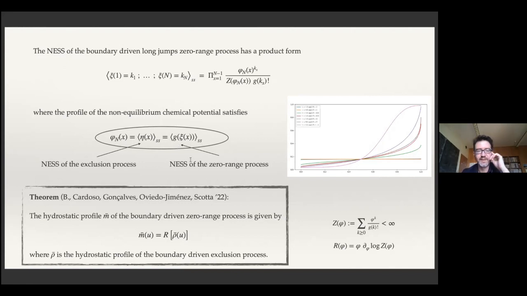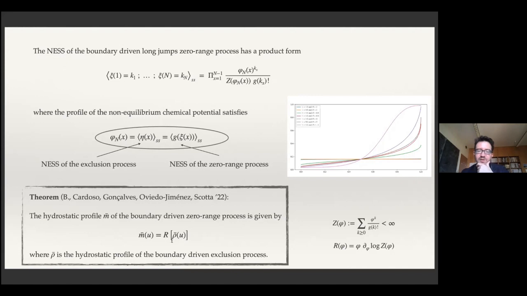stationary state. And since we know what is the hydrostatic profile of the exclusion process, we can deduce what is the hydrostatic profile of the boundary-driven zero-range process, and it's just given as a function of the hydrostatic profile of the exclusion process.